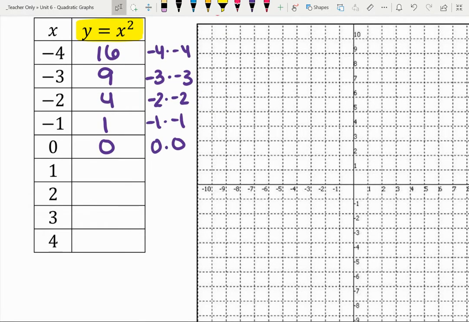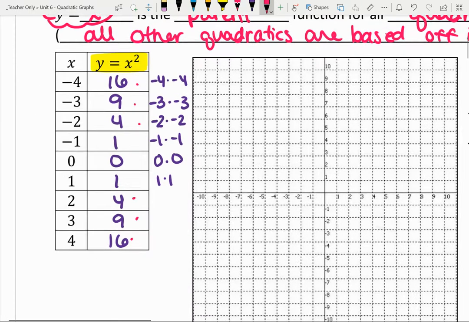And if we square these positive numbers, 1 squared is 1, 2 squared is 4, 3 squared is 9, and 4 squared is 16. You might notice with this table that some numbers start to repeat themselves. That's important. Keep that in mind.